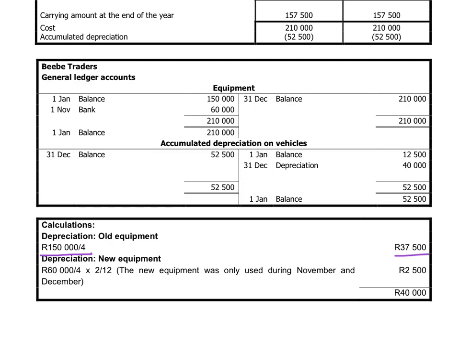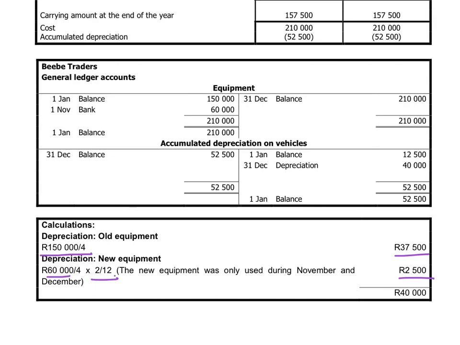On the new equipment that we purchased in the current year, we will only write off depreciation for 2 months because we bought it on the 1st of November. The end of the financial year is the 31st of December. So we will calculate for November and December, 2 months, and that will give me 2,500.